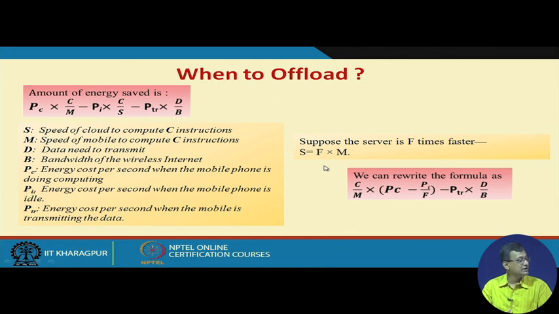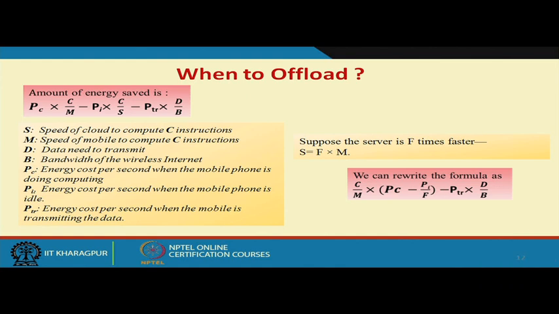That means S is the speed of the cloud to compute C instructions, and m is the speed of the mobile phone to compute C instructions. If it is f times faster, then S equals f into m.